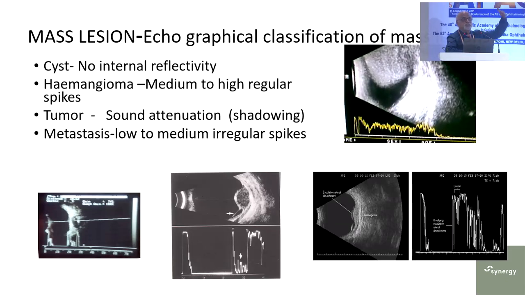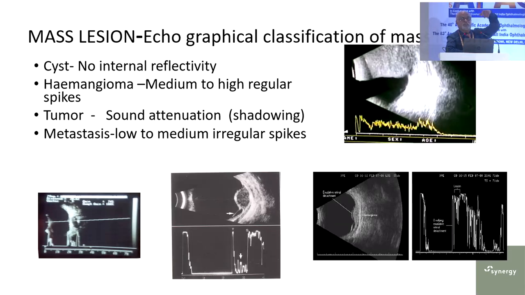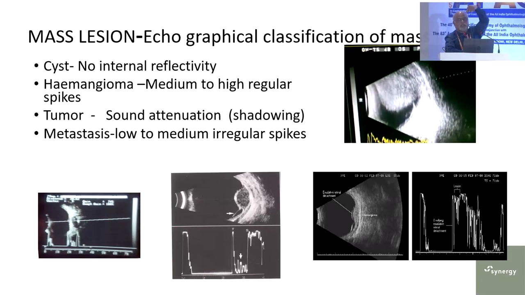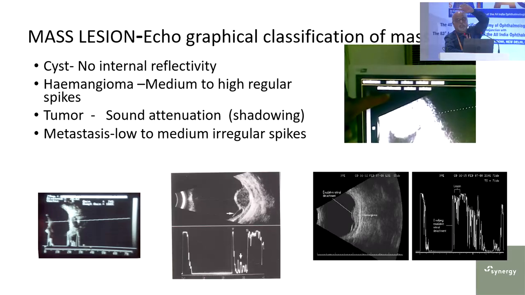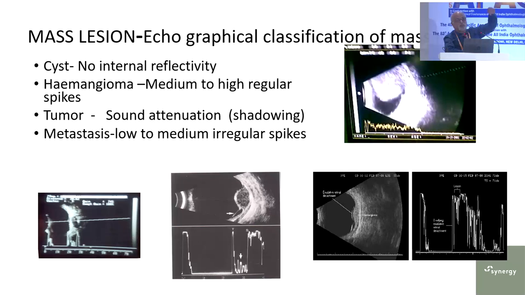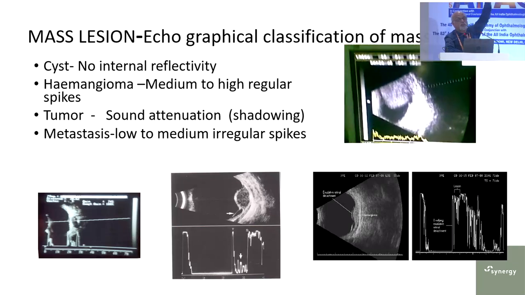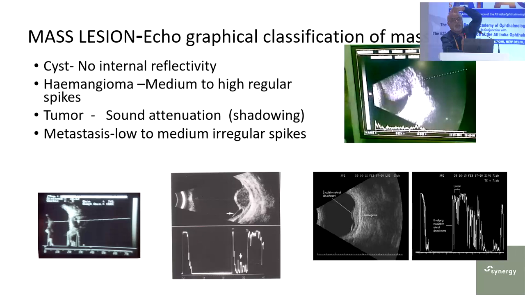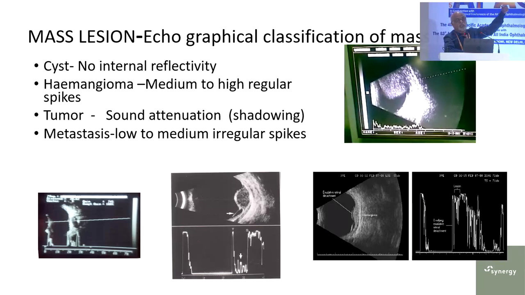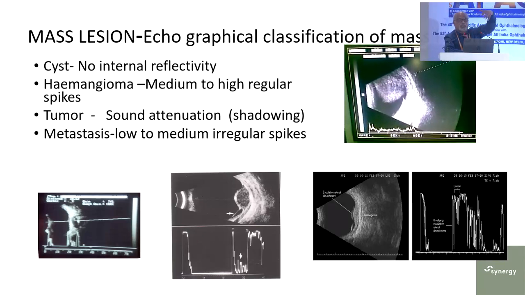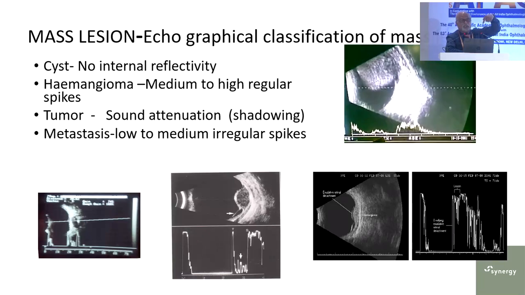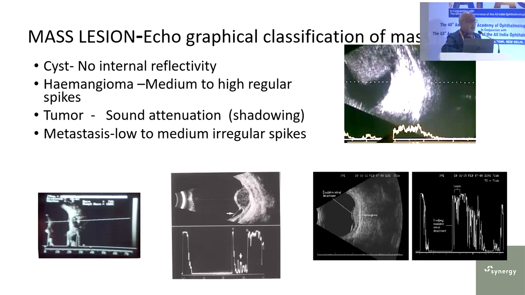Always remember, if it is a cyst, the wall comes, goes up, then straight, then up, then straight. If it is a hemangioma, it comes like this and goes seesaw. And if it is a tumor, it comes, is absorbed into the tumor and just dips down, so angle kappa becomes very large. So that is why I have kept these three.